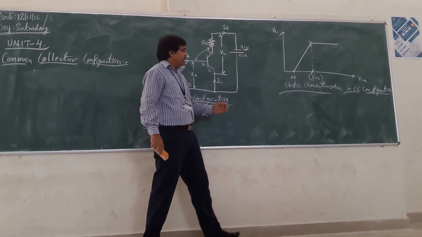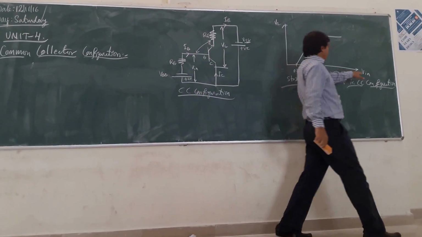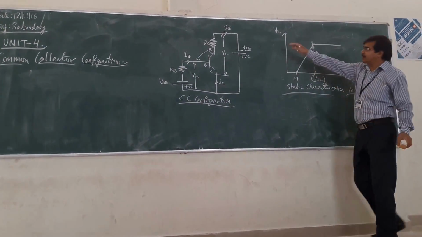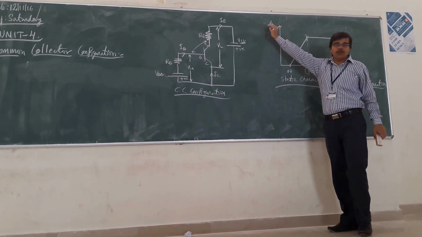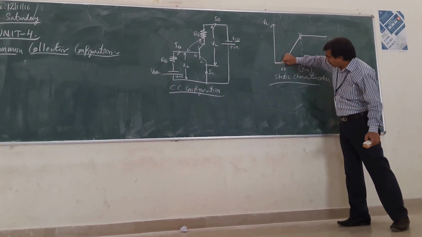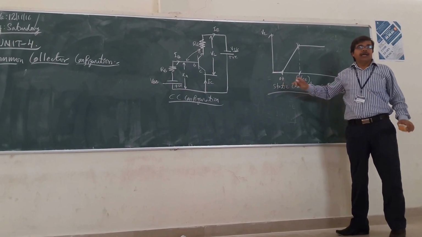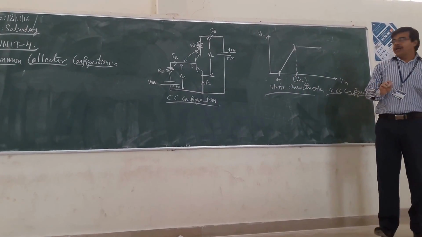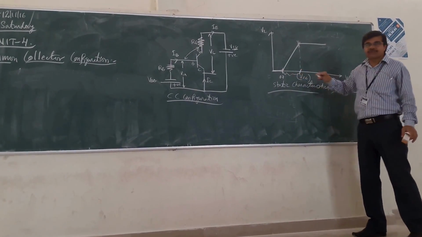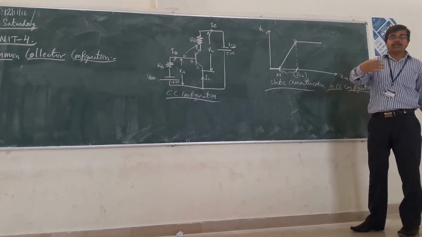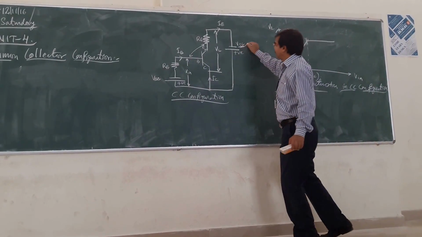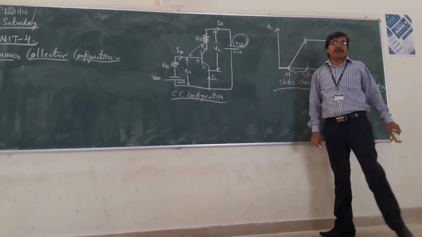So what is happening is that if we see your input voltage with respect to your output voltage, from the beginning till 0.7 there will be no conduction. The conduction will start after this, and it will continue till the value of VCC that you are having.